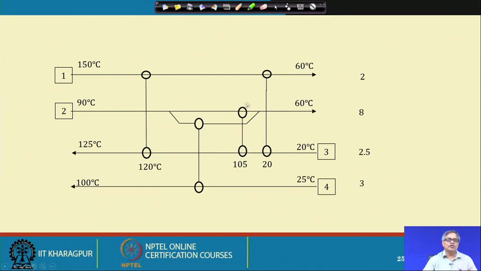So, this is also one kind of a solution which is possible, and this is also one solution which is possible, and with this we can get two different alternatives for the cold end also.